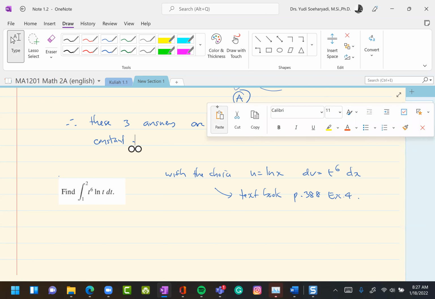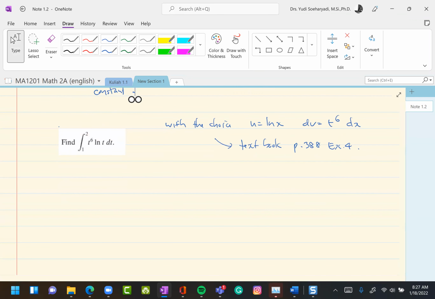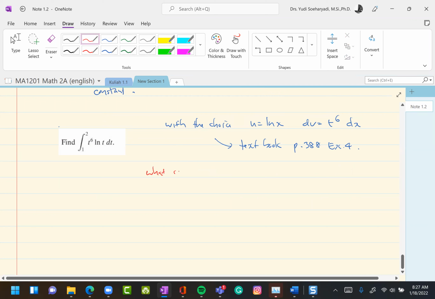Okay, so let's do the other choice then. What if u equals t to the 6? You might attempt to use this one, dv is ln of t dt, right?